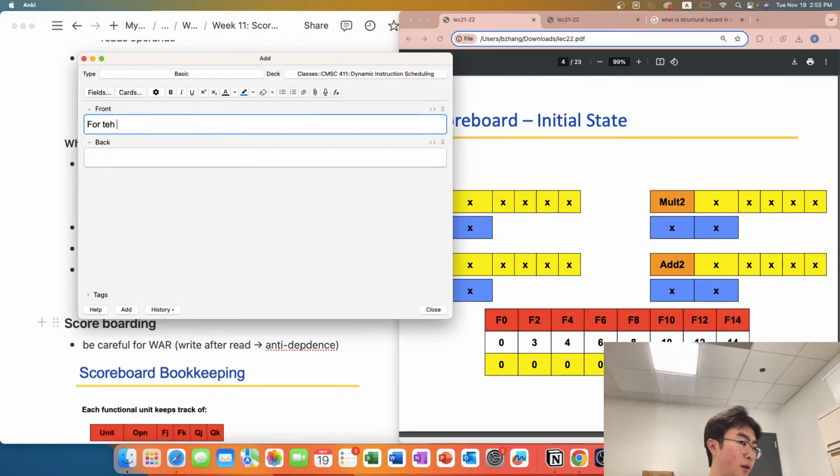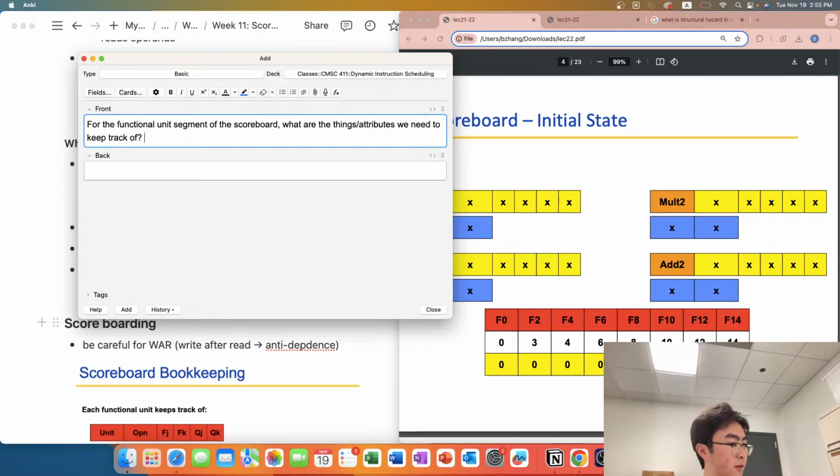So for the functional unit segment of the scoreboard, what are the things we need to keep track of? Okay, yeah, this is a pretty important question.